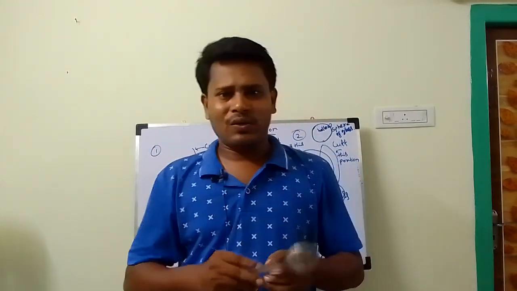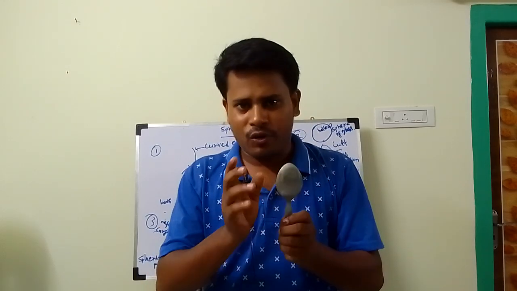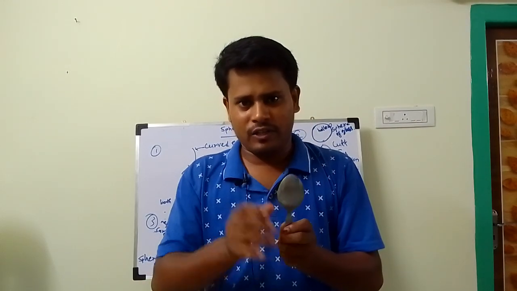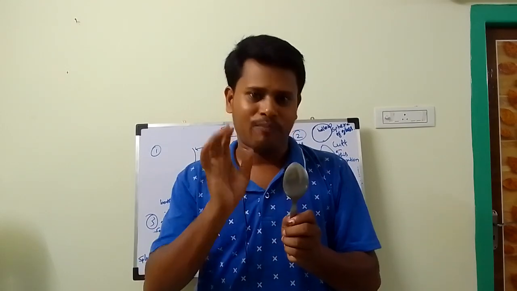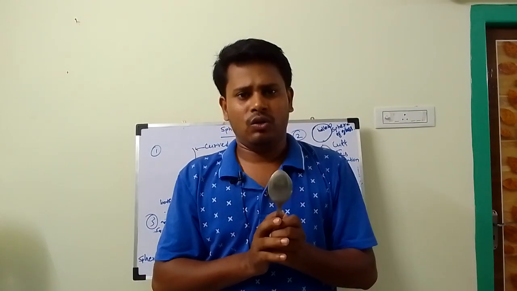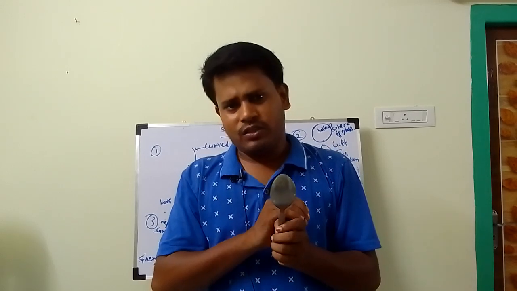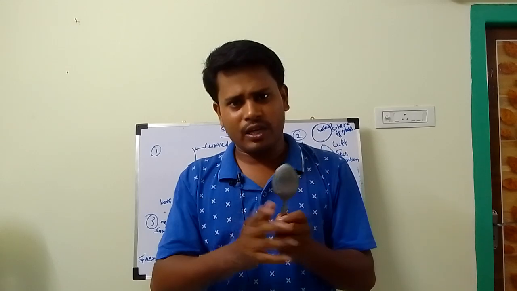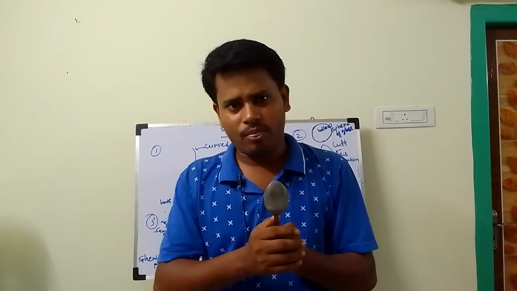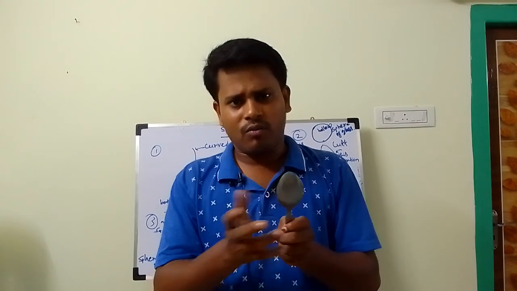It is experimentally proved that the surface of the spoon can form an image. So as these two surfaces of the spoon can form the image, can we call them a mirror? As we see our image formed by a plane mirror, similarly the two surfaces of the spoon can form the image.